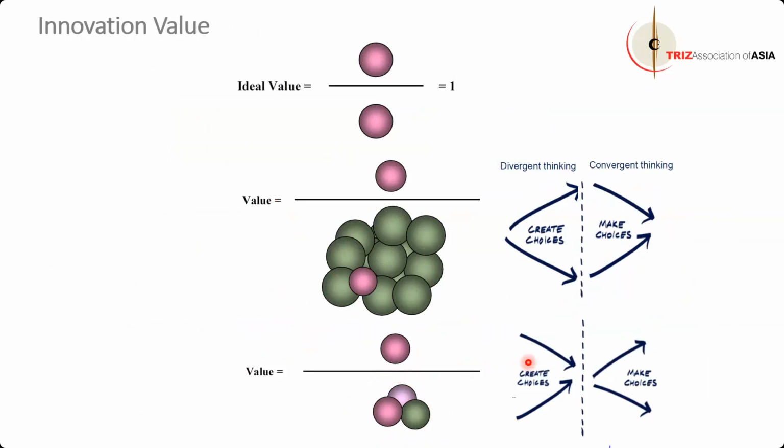So what we do is, while we create the choices itself, we filter. We try to club together or register only those ideas which are feasible.